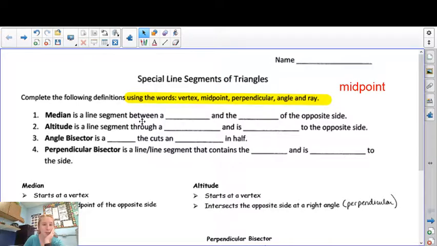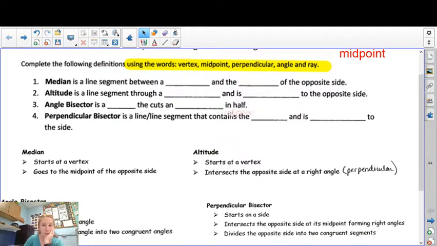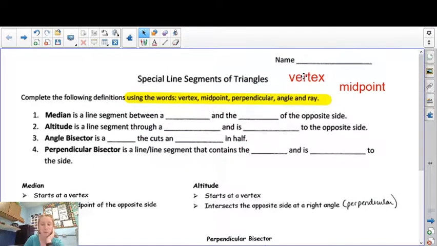I see the word vertex, so I think I'm going to take that one too. Can a side have a vertex? No. So between a vertex and the midpoint of the opposite side.